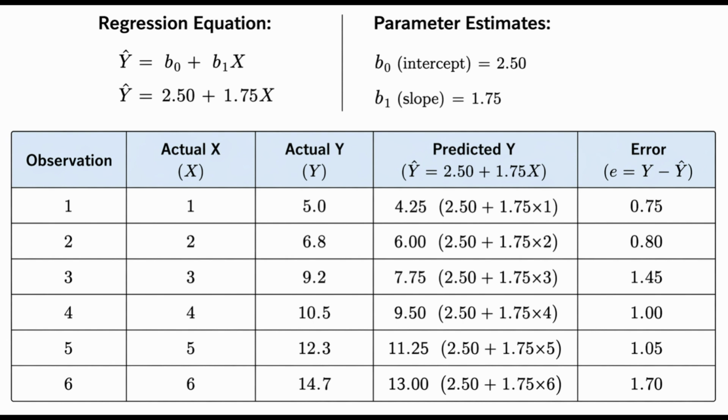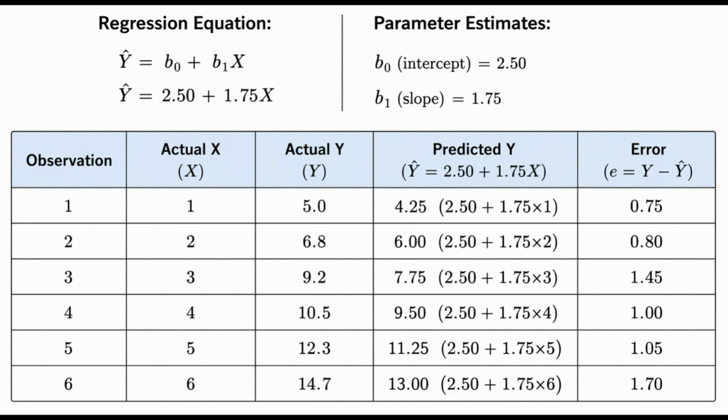This means for every 1 unit increase in x, y is expected to increase by 1.75 units, starting from a base value of 2.50. If you are new to our channel and wondering how we got the values 2.50 and 1.75, watch our video How to Construct a Multiple Linear Regression Model. Link is given in the description box below.